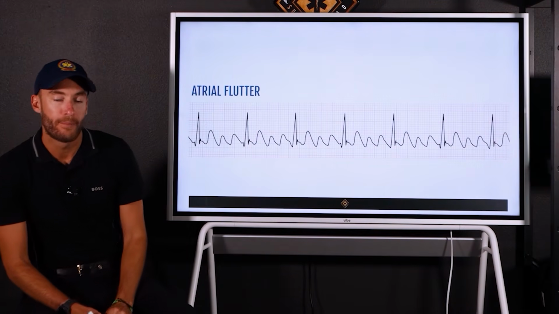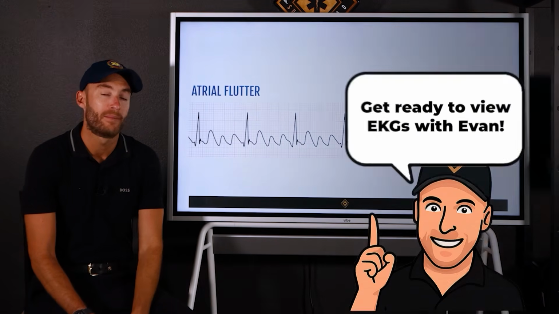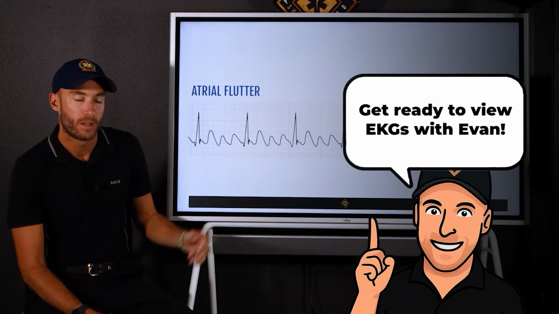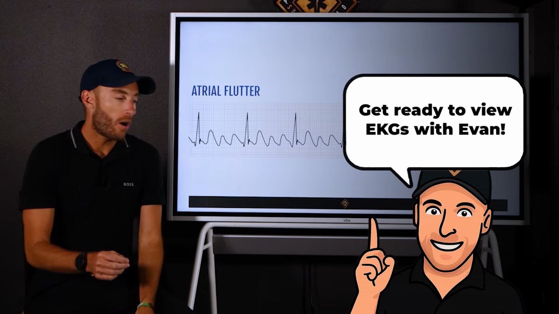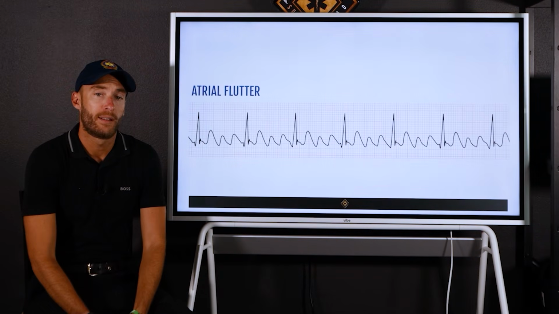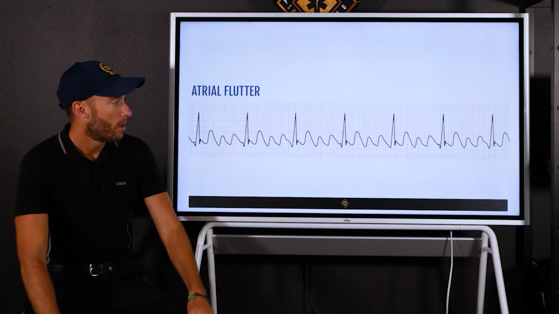Now, we're going to go through this. I'm going to put a bunch of EKGs on the screen, okay? Now we can see this, I have it labeled. I'm actually going to put this away for the moment, and we're going to talk about the EKG, me and you here, like I'm your instructor, okay?